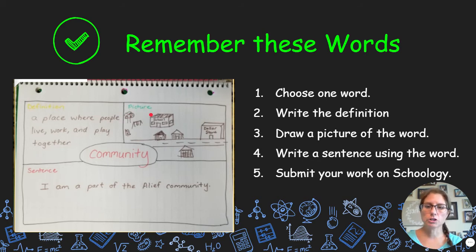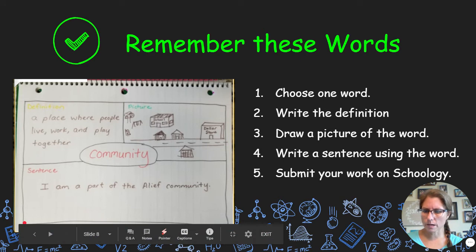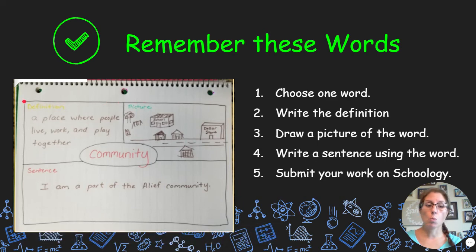Then I drew a picture of my community over here. Let me tell you how I had space to do that. After I put the word in the middle and put a circle around it, I went to the very outside of my paper and I drew a line down the side, and when I got near the bottom, I drew a line all the way across the bottom of my paper to make a square. I went back up the other side of my paper, and finally I went across the top to make one square on my notebook.